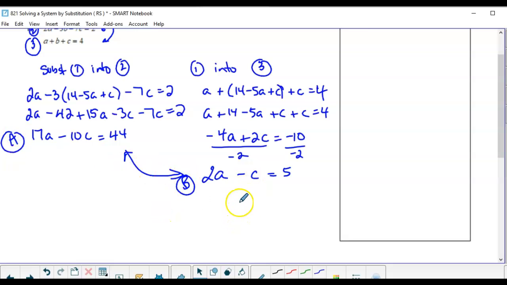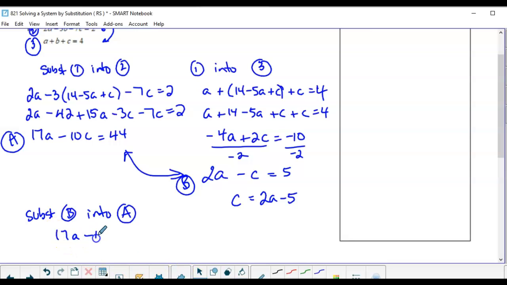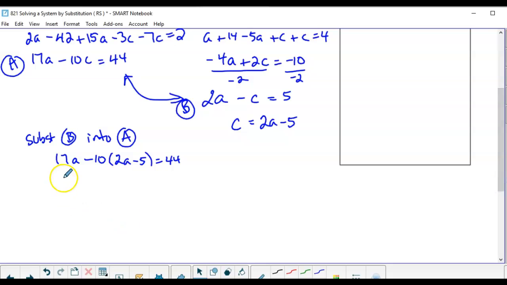So now I'm going to take B. I can solve for c easily here. It's 2a minus 5, and I'm going to substitute B into A. So that'll be 17a minus 10 times (2a minus 5) equals 44. 17a minus 20a plus 50 equals 44.